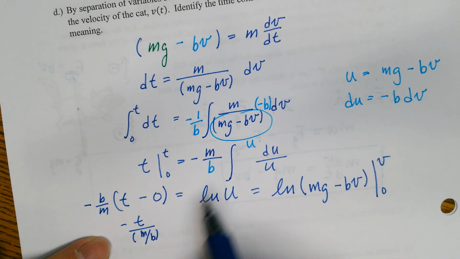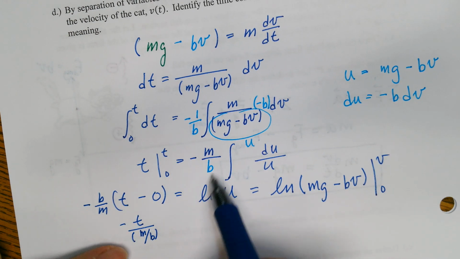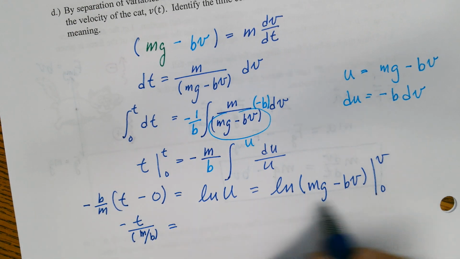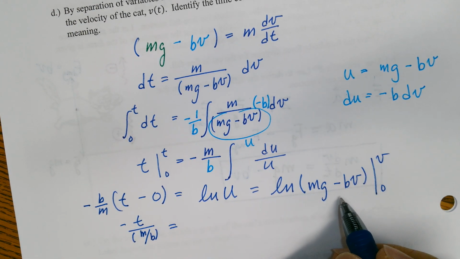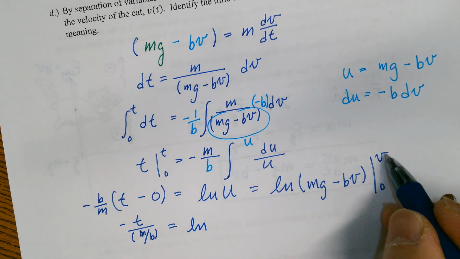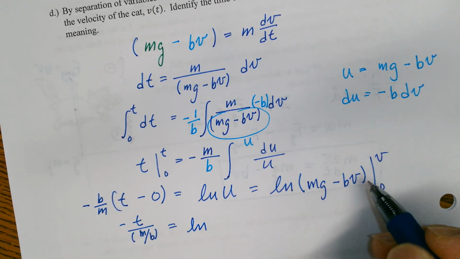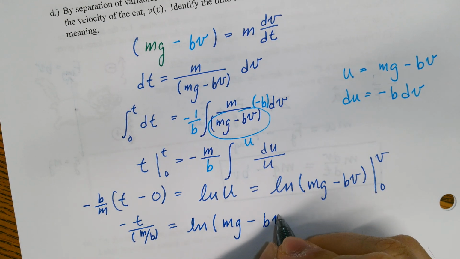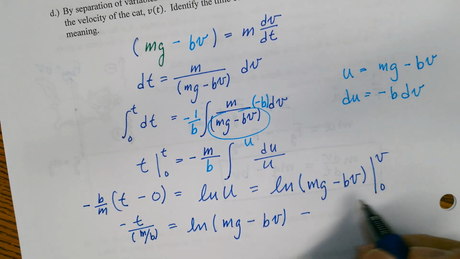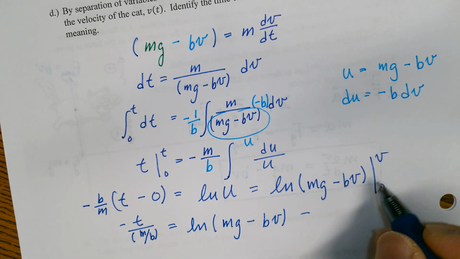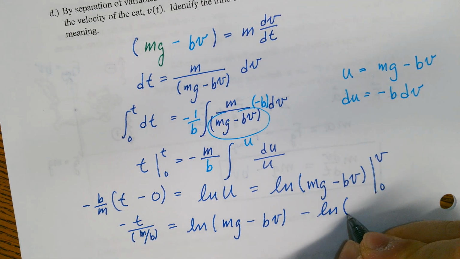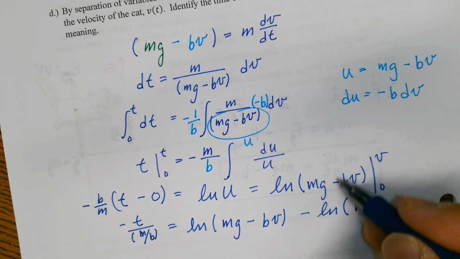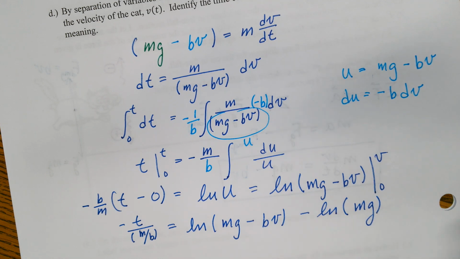I'm just going to divide this t by m over b, which is equal to ln evaluated at v, so I get ln of mg minus bv, minus, plugging in 0 for v, ln of just mg, because if I plug in 0 for v, this whole term goes to 0.